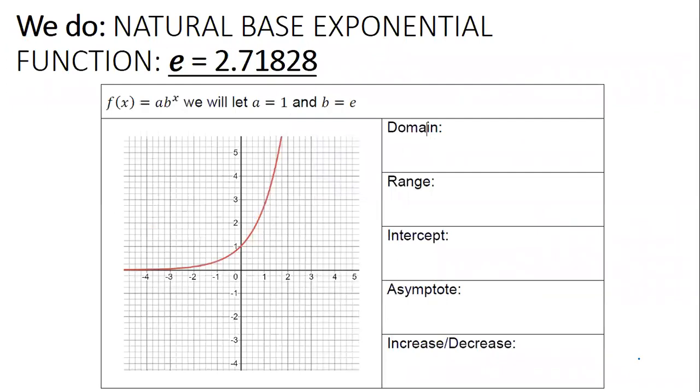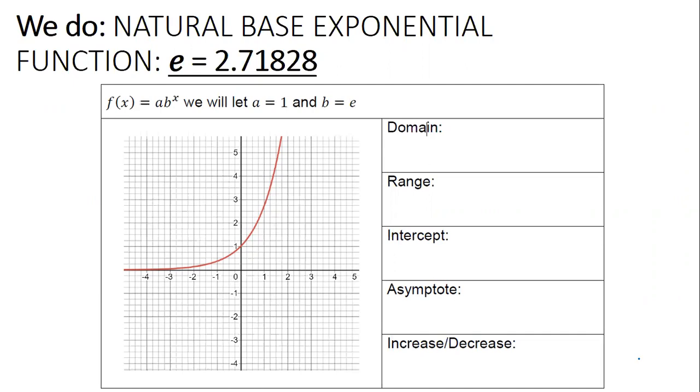What we have now, we're introducing our natural base exponential function, okay? And what that is, e. And e is kind of like pi. You know how pi has a value, 3.14159, okay? So same thing here is e. E is approximately 2.71828, okay?